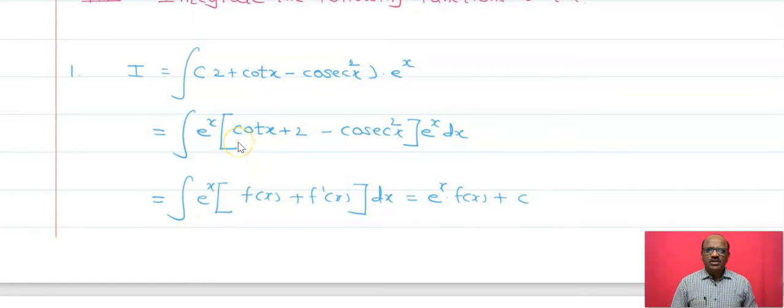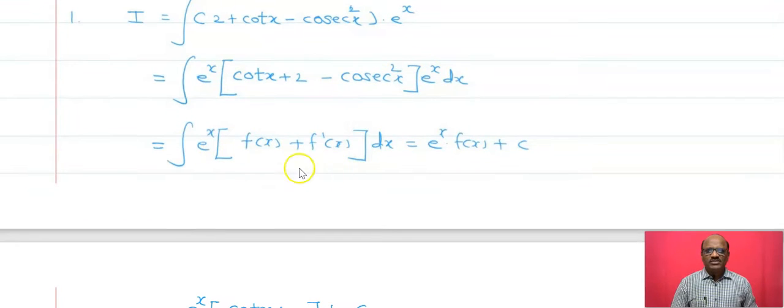Now see this, cot x plus 2. This is f of x, and f of x plus f dash of x gives e raised to x f of x plus c. If we consider cot x plus 2 as f of x, what is its derivative? Its derivative is minus cosec square x. Yes, therefore this is of that form. By mistake I had written e raised to x here; you can omit it.